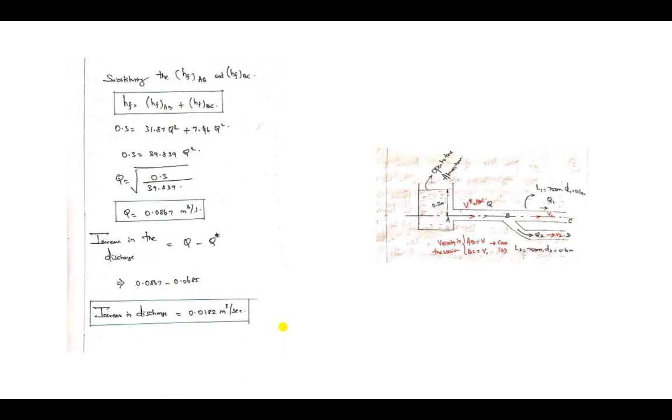Obviously, for two pipes you will have more discharge than for a single pipe. So this Q is for two pipes, and this Q star is for a single pipe. Taking the difference, 0.0812 meter cube per second is the increase in discharge when the pipes are connected in parallel.